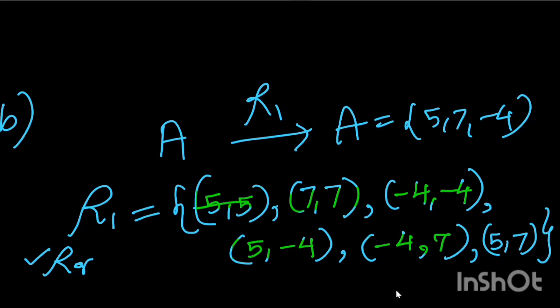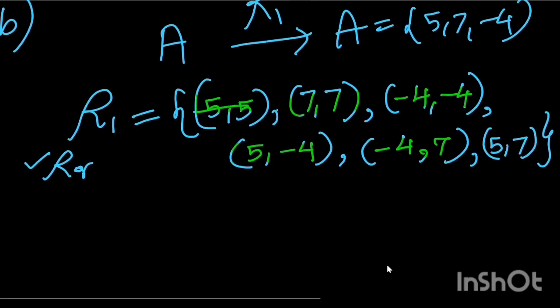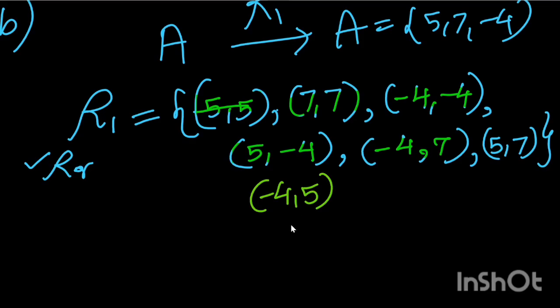Okay, 5, 7, minus 4, 5 minus 4. So guys, just a minute. This 5 minus 4, then minus 4, 5 has to be there. So yes. And again 5 minus 4 and minus 4, 7 is given.